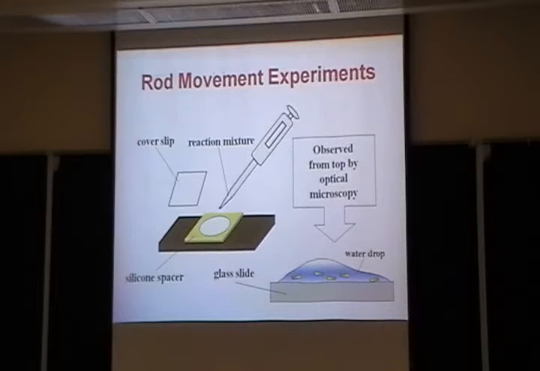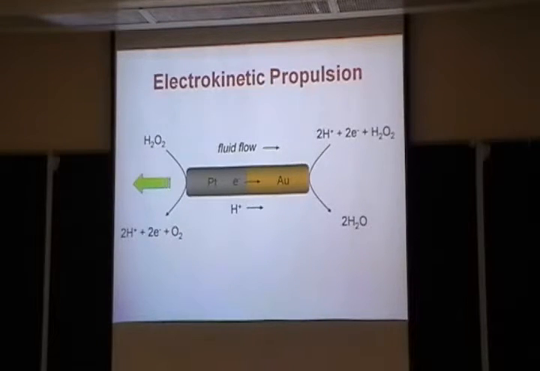So, I'm going to show you a couple of videos, but I'm going to talk about mechanisms of motion and so on. But I sort of thought of at least telling you, before I show the videos, how this particular rod moves.